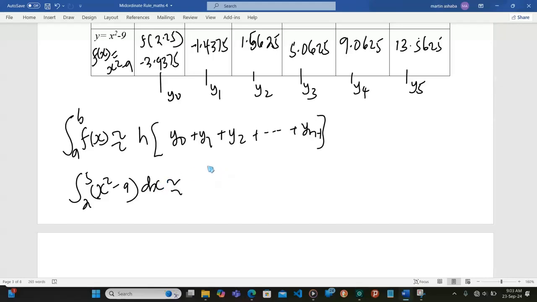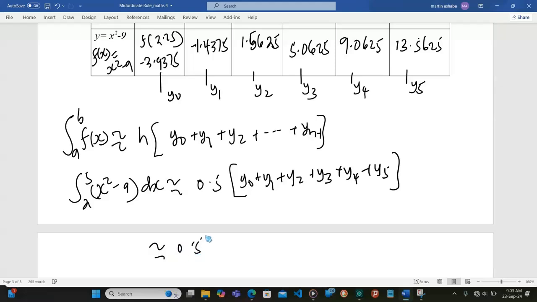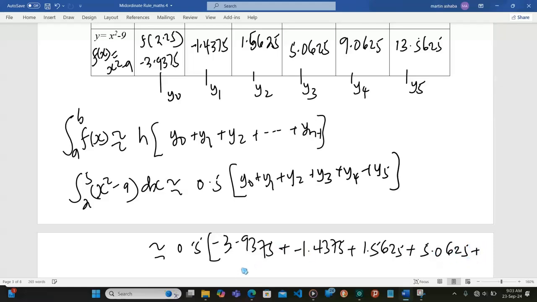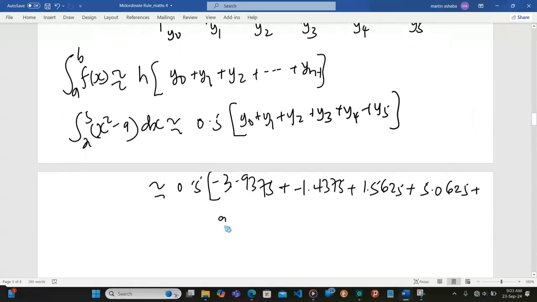Since h is 0.5, I substitute those values: 0.5 times negative 3.9375 plus negative 1.4375 plus 1.5625 plus 5.0625 plus 9.0625, finally plus 13.5625.